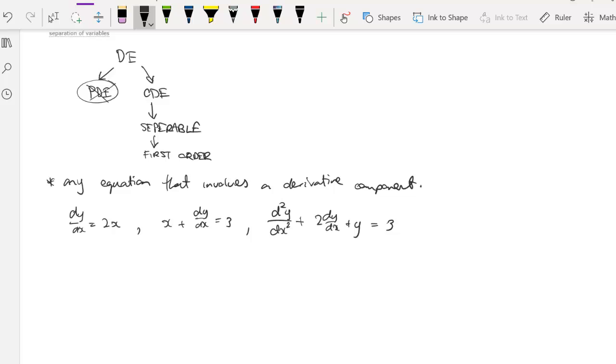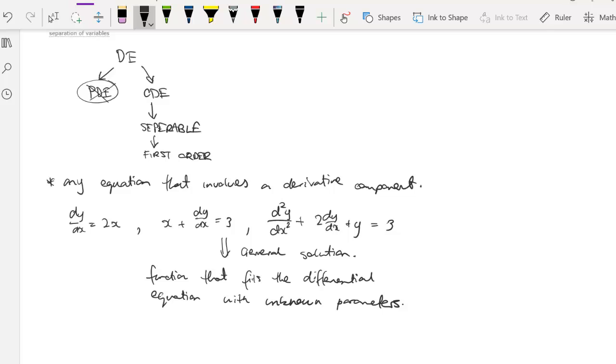Now, every differential equation will have a general solution. A general solution is just a function that fits the differential equation with unknown parameters. Now, if we use a little bit of extra information, then we can take that general solution and turn it into a specific solution.